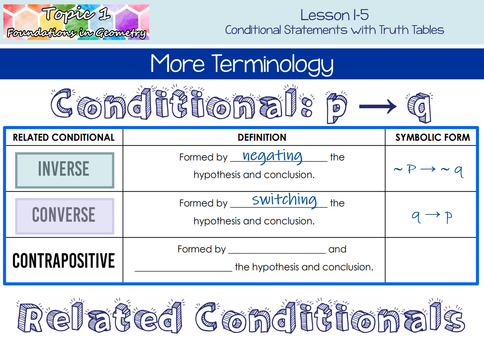So in symbolic form, it's Q implies P. The contrapositive is formed by both negating and switching the hypothesis and conclusion. So that's not Q implies not P.